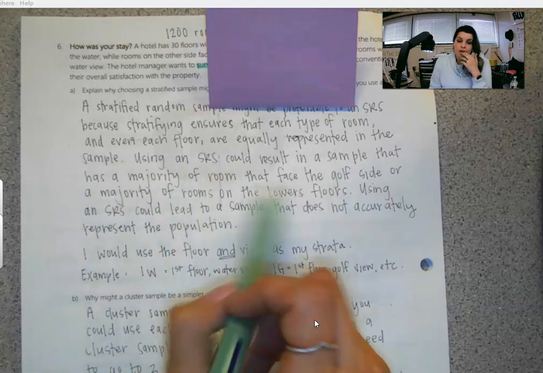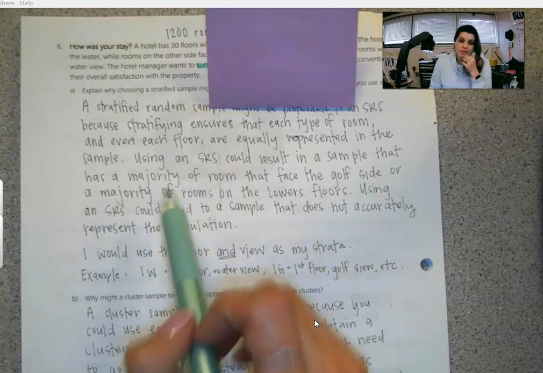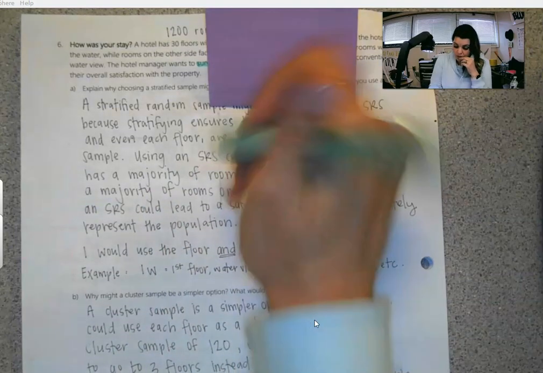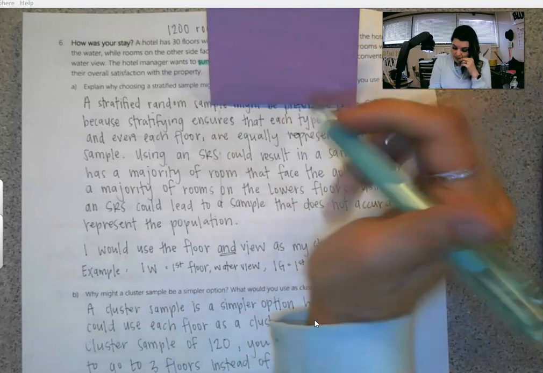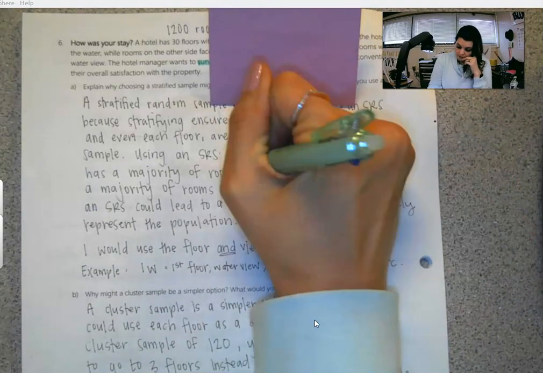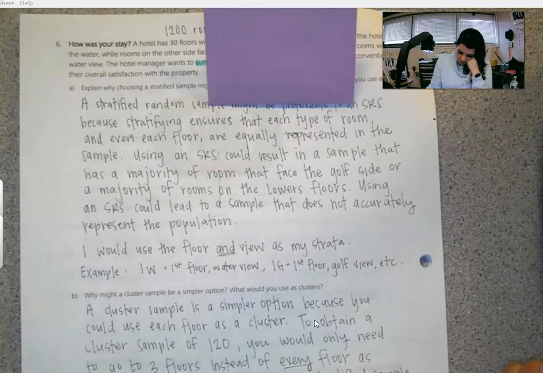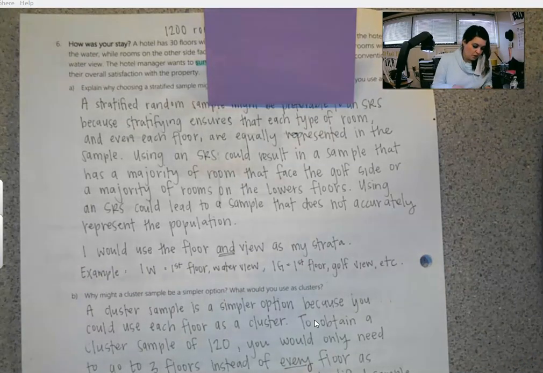Using an SRS could result in a sample that has a majority of rooms that face the golf course or a majority of rooms on the lower floors. Using an SRS could lead to a sample that does not accurately reflect the population. So that's the issue with an SRS.